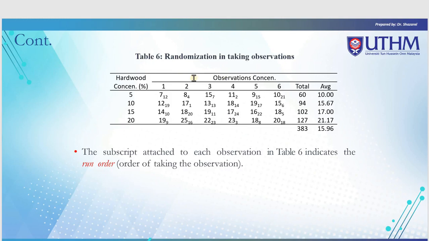We can refer to the previous video where there is one topic on this. You have to know why we randomize the observations. The subscript number for each observation, for example 12, 4, 7, represents the number of the observation.